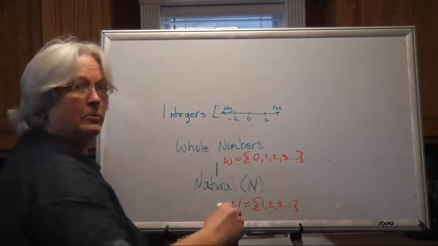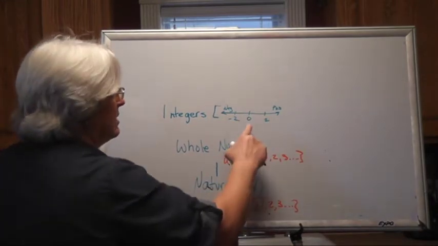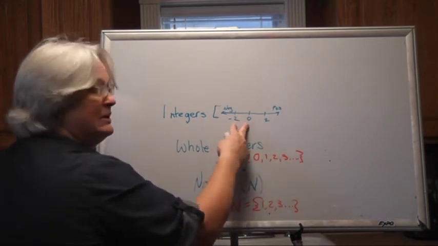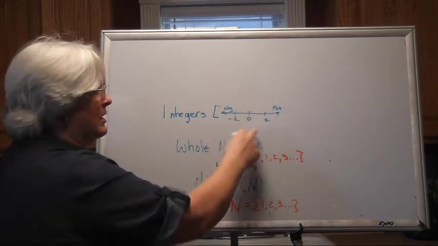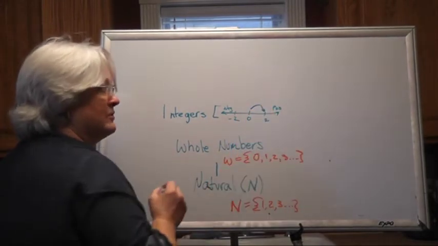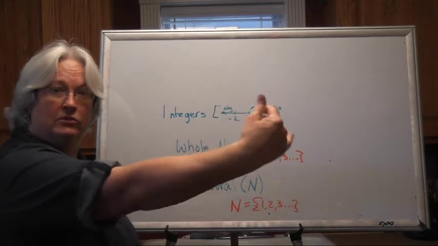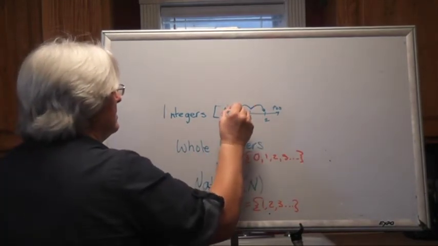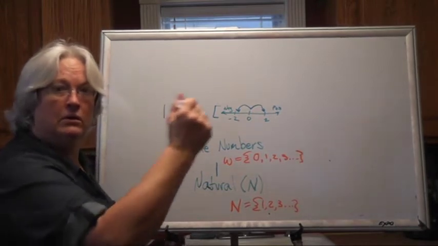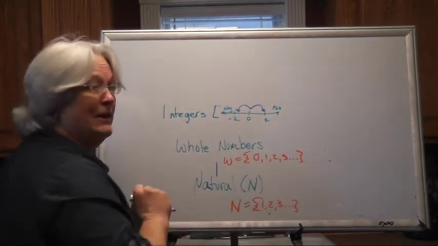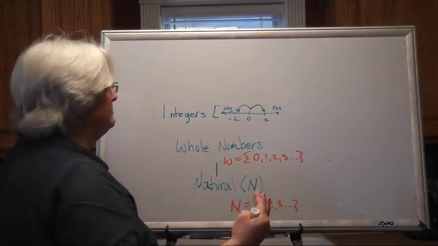Opposite numbers are those that are the same distance from 0 in opposite directions. 2 is 2 units from 0 in the positive direction to the right. Negative 2 is 2 units from 0 in the negative direction, but the distance between them is the same.